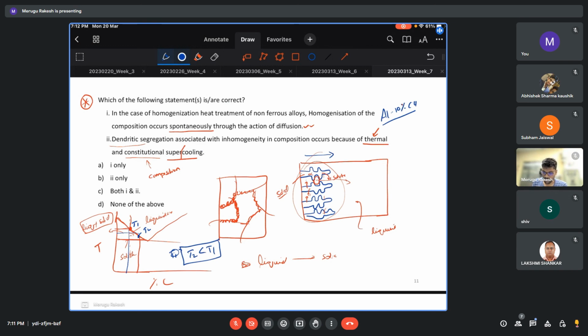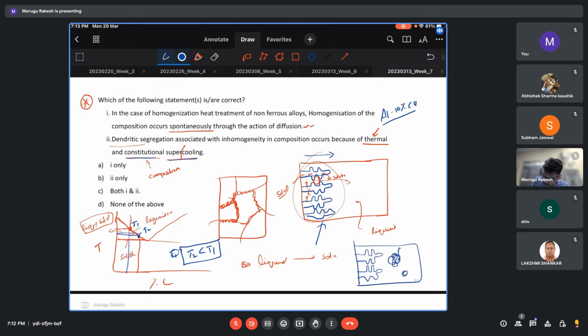So what happens? It will solidify. Means if you come in the reverse order from the liquid to solid, it will solidify faster. So that is what constitutional supercooling is. So in that case, if you see here, I have shown progressive solidification. The dendrite is growing in this phase, but in actuality, when the dendrite is growing in this phase, because of this constitutional supercooling, which is the supercooling happening because of the concentration difference, we'll get one more dendrite formation here, and it will also grow.